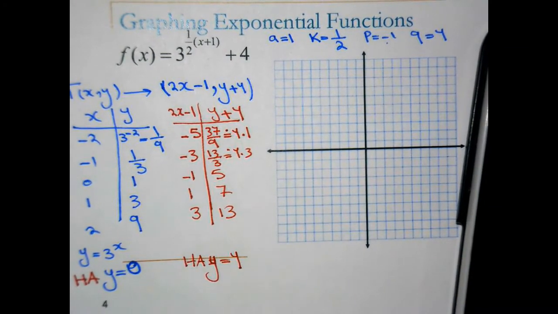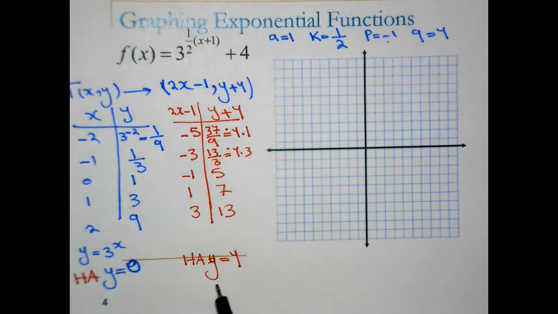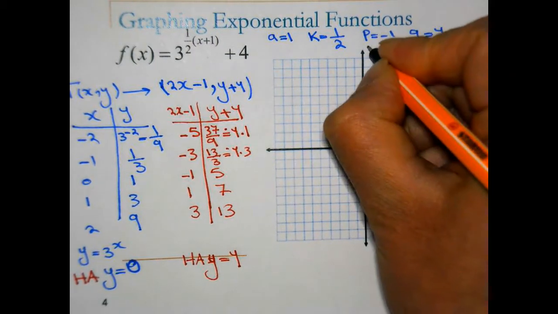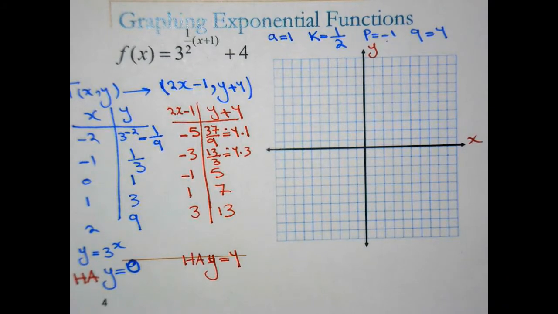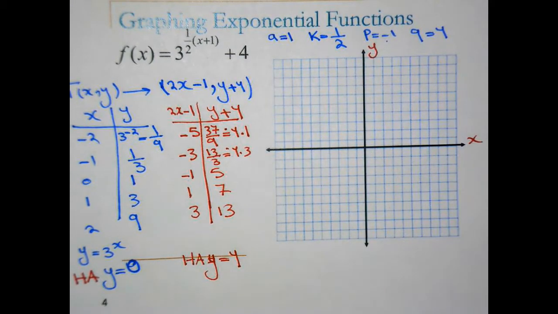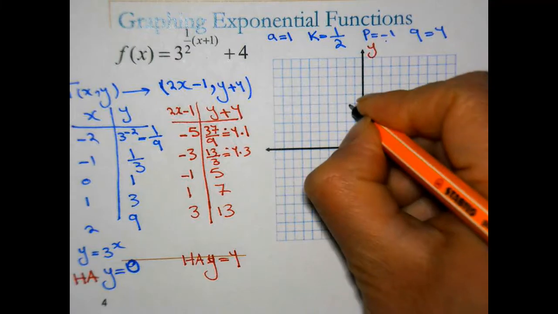And what I'm going to do is, it's sometimes very helpful if we actually start by drawing the horizontal asymptote as our guideline.